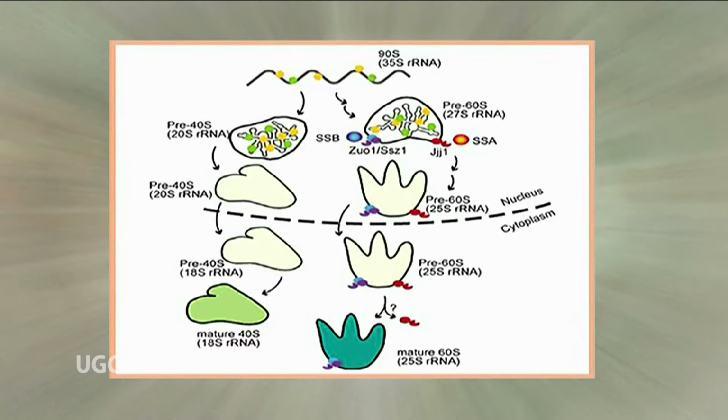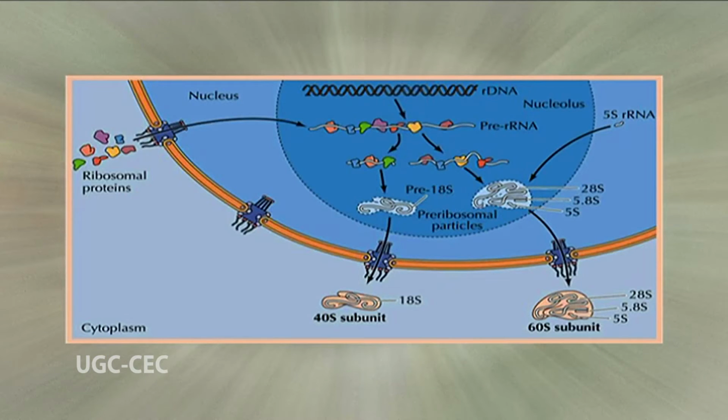The genes that encode ribosomal proteins are transcribed outside the nucleolus by RNA polymerase II, yielding mRNAs that are translated on cytoplasmic ribosomes. The ribosomal proteins are then transported from the cytoplasm to the nucleolus, where they are assembled with rRNAs to form pre-ribosomal particles.